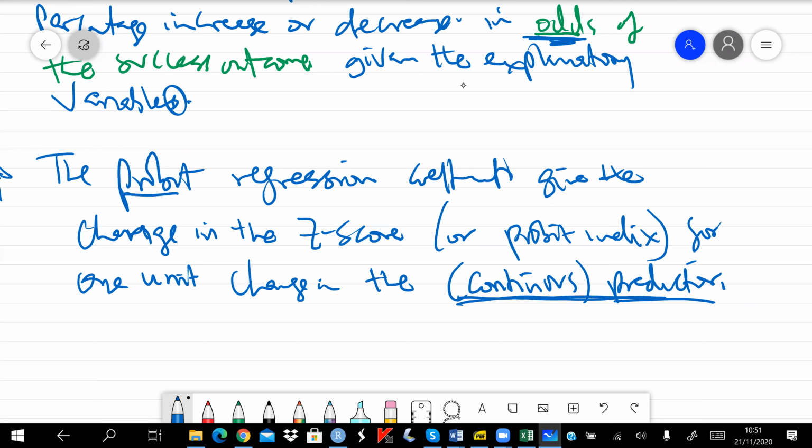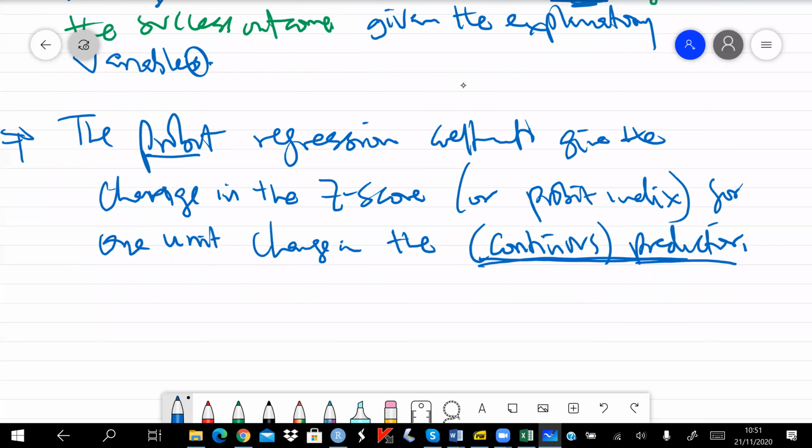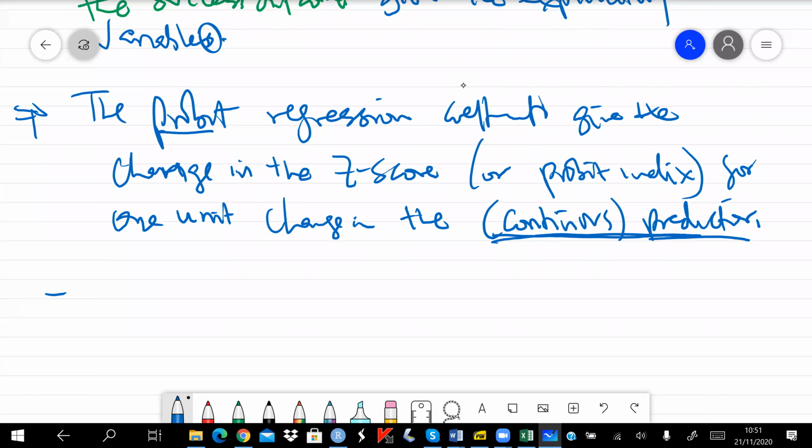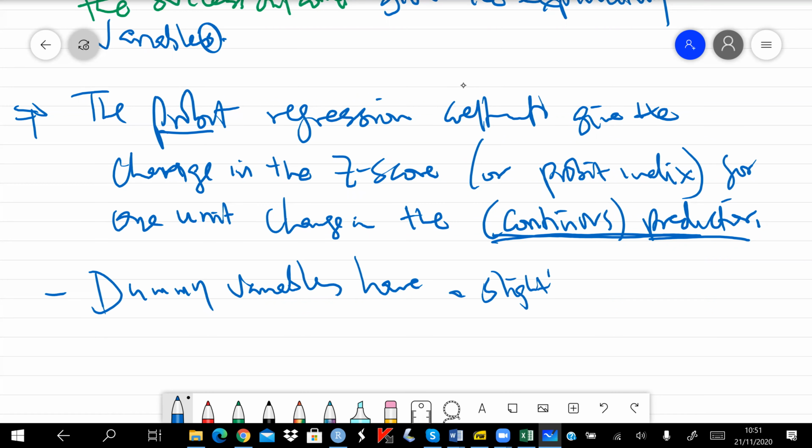Then dummy variables have a slightly different interpretation, so it's good for you to note that.